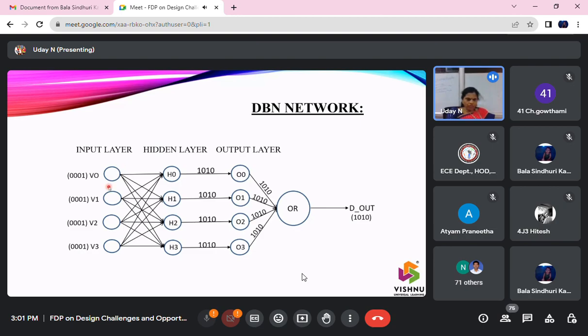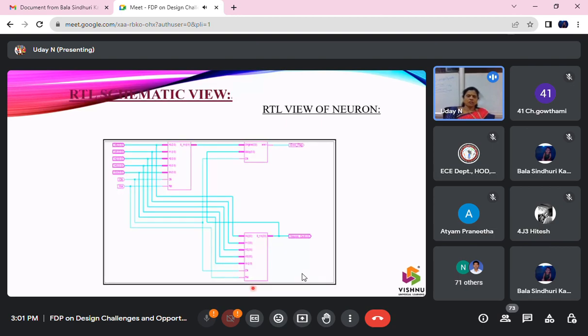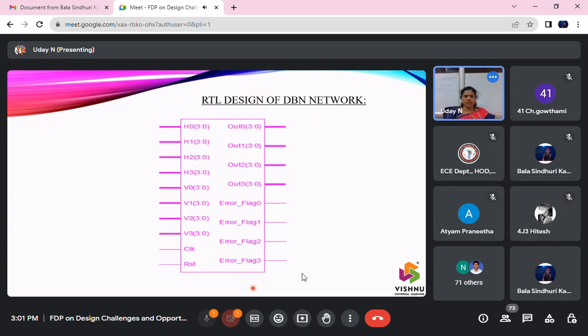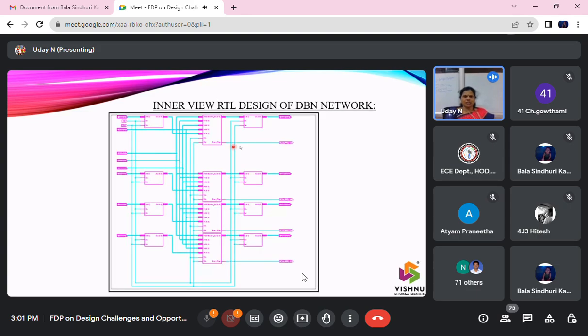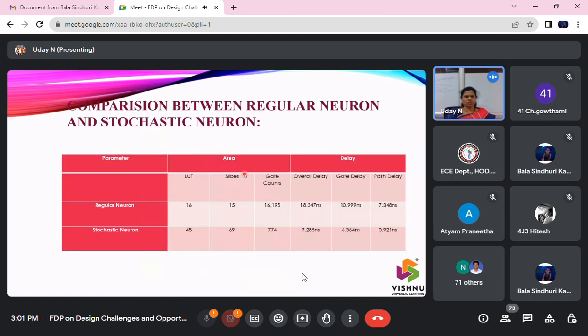Each neuron in the DBN neural network is replaced by a stochastic neuron, and the output for the DBN network is calculated. This is the RTL view of a normal regular neuron. With the same approach, the stochastic neuron is implemented with three visible nodes and three hidden nodes to get three output nodes. This is the RTL of the DBN neural network that we have implemented using stochastic neurons.